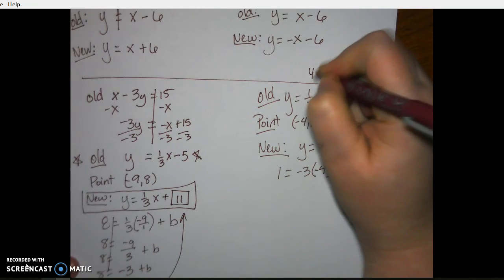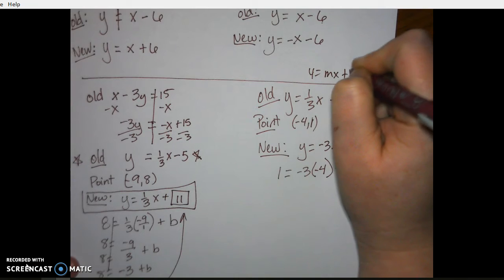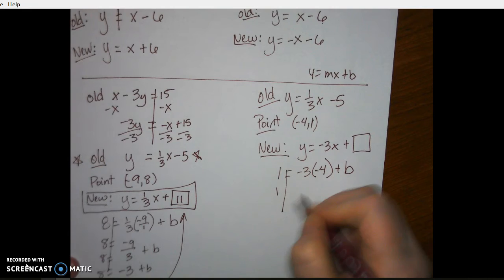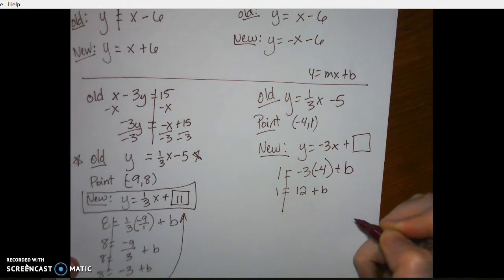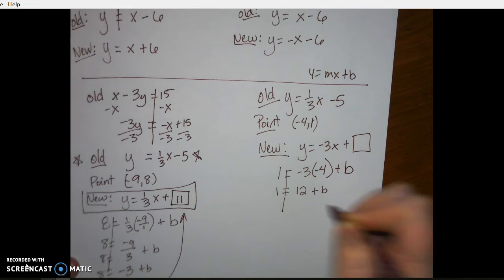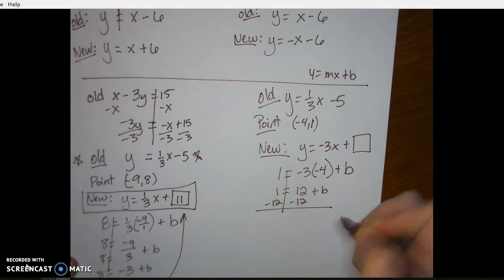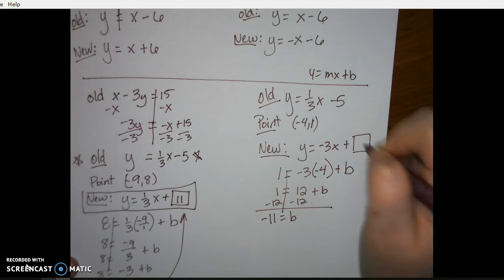Because remember, y equals mx plus b. Negative 3 times negative 4, 1 equals, that's positive 12 plus b. Minus 12 minus 12. This is negative 11 equals b. So we're going to put negative 11.